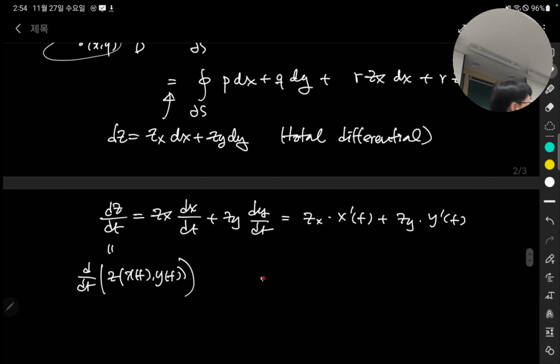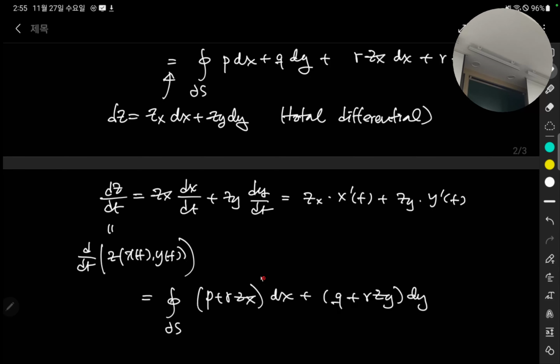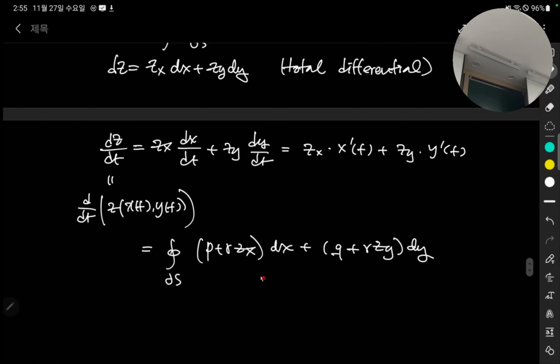Let's combine the dx term and dy term. So this equals the integral over the boundary of S of (P plus R z_x) dx and (Q plus R z_y) dy. And that looks similar to something we have already seen.